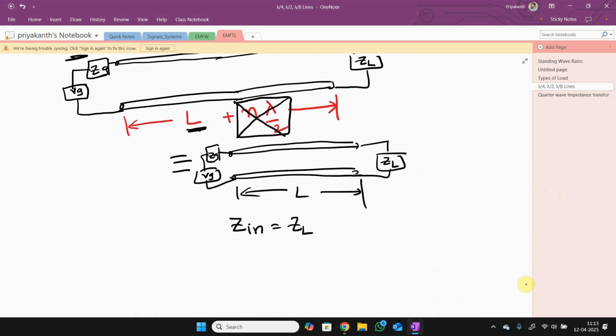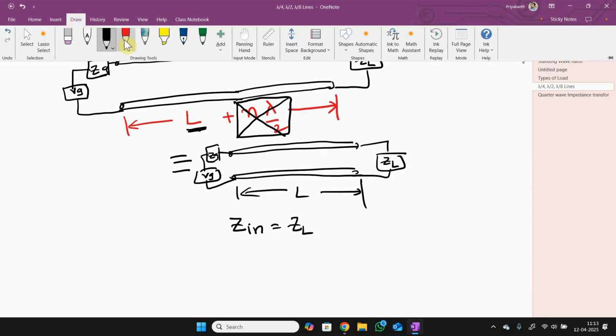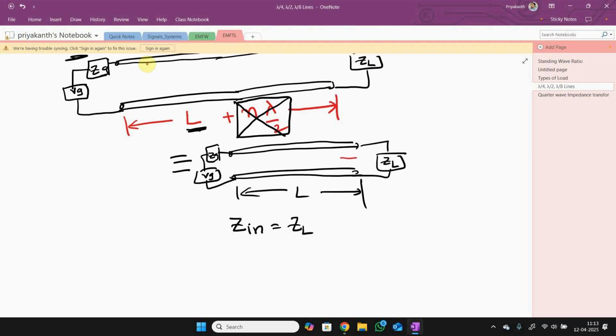Okay, clear? That means if I measure the input impedance here, it will be like this. That's why we remove this n lambda by 2. What is the third one?